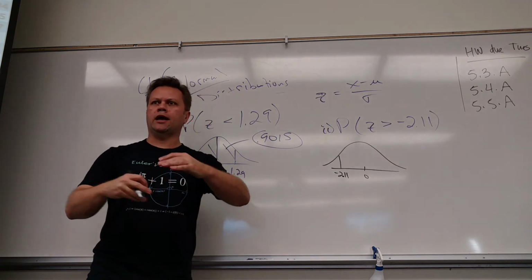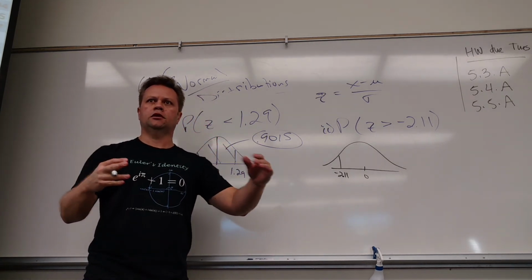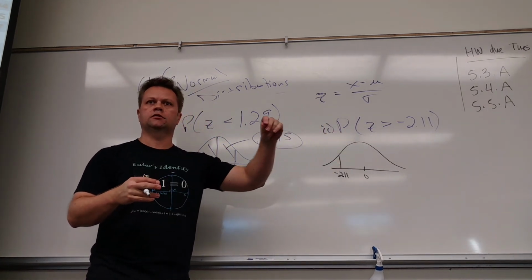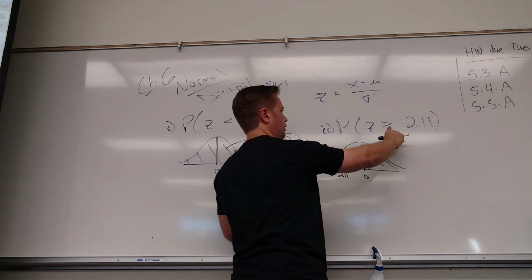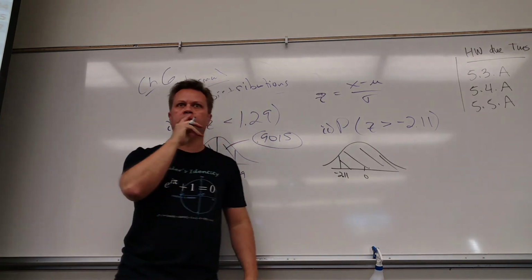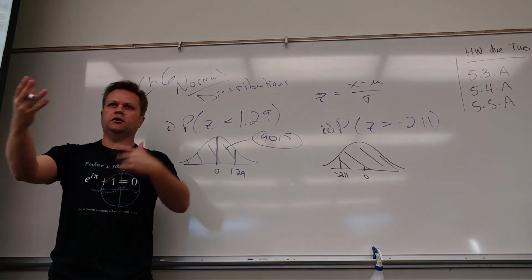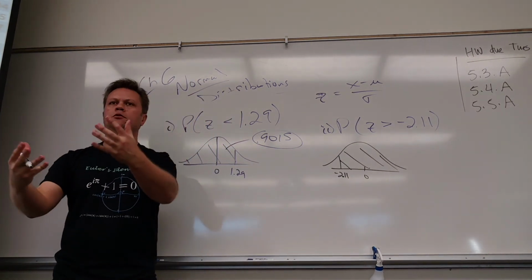So what area am I asking for? Where would I shade on this picture? To the right. I like it, because it's greater than. So I know it's going to be more than 50%. It's a really crude way, but at least I can catch a mistake real quick.